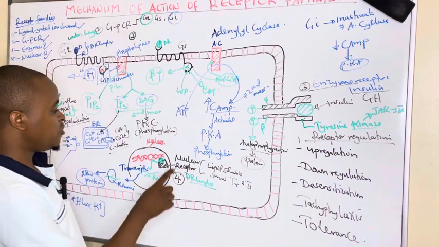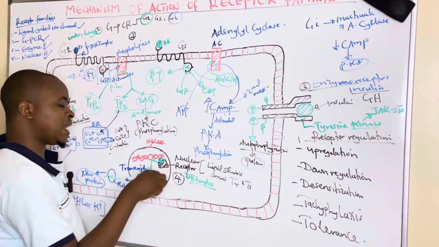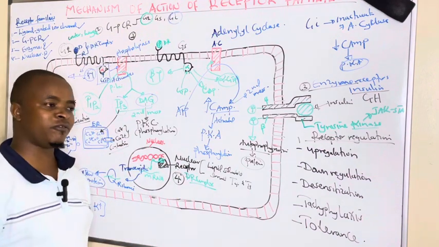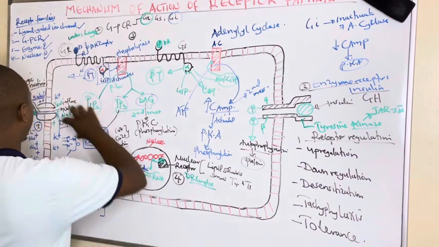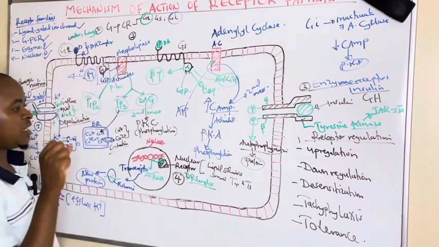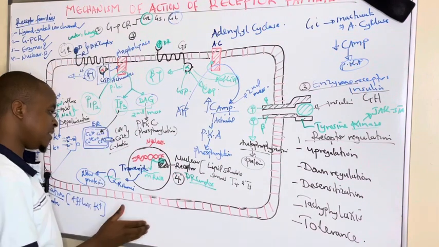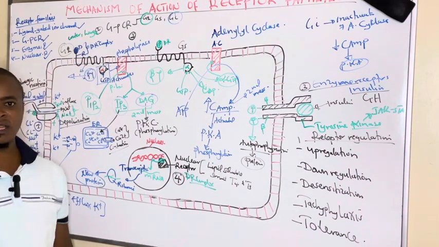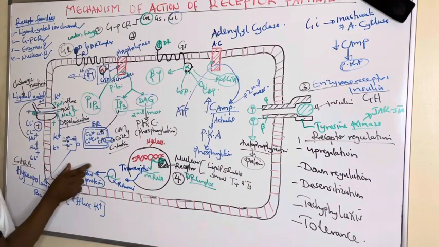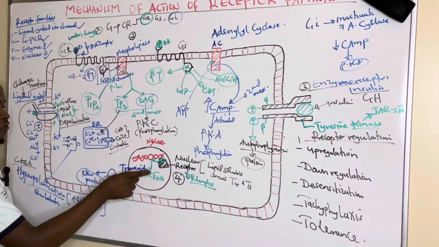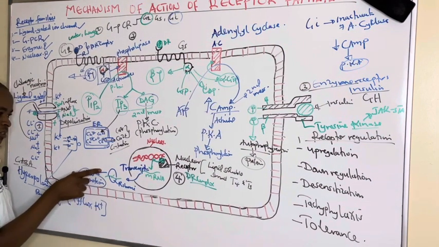So this one is for nuclear receptors, and these ones are very slow and they do not amplify the reaction. For the first three, the reaction is amplified, whereas nuclear receptors bind and cause permanent change within the cell by commanding formation of new proteins via transcription and translation.